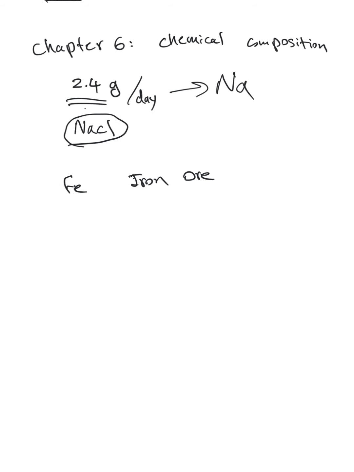Otherwise, they wouldn't know that, right? So it's really important to know how to calculate chemical composition. If you have a specific amount of one element in a compound, you can calculate the composition of that specific element, or vice versa.